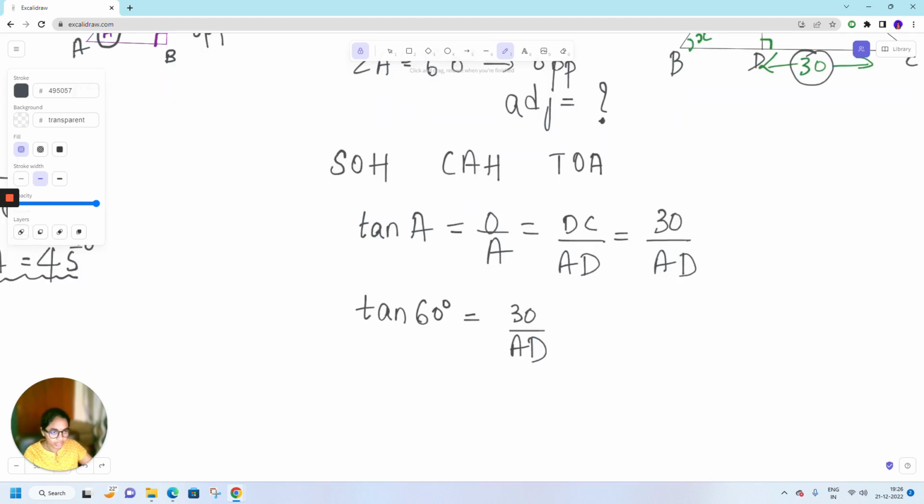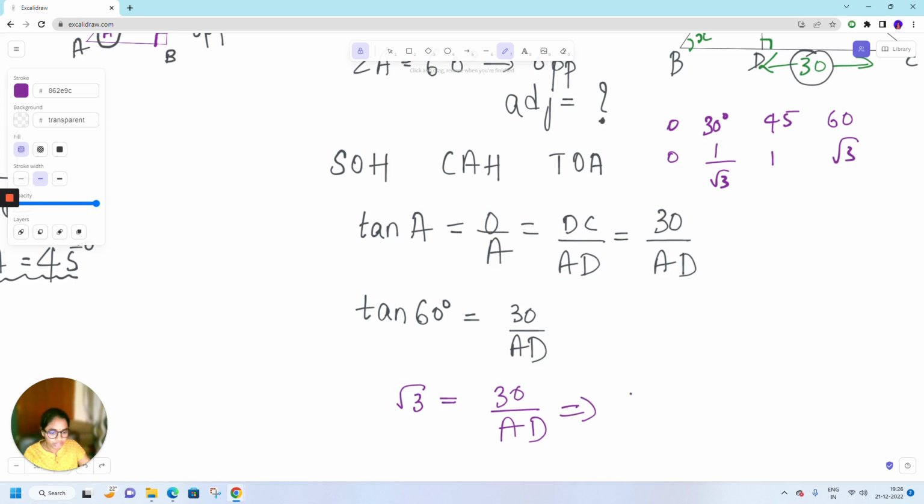If I take the tan table, the values go something like: for 0 it was 0, for 30 it was 1 by root 3, for tan 45 it was 1, for tan 60 it was root 3. So root 3 is equal to 30 divided by AD.